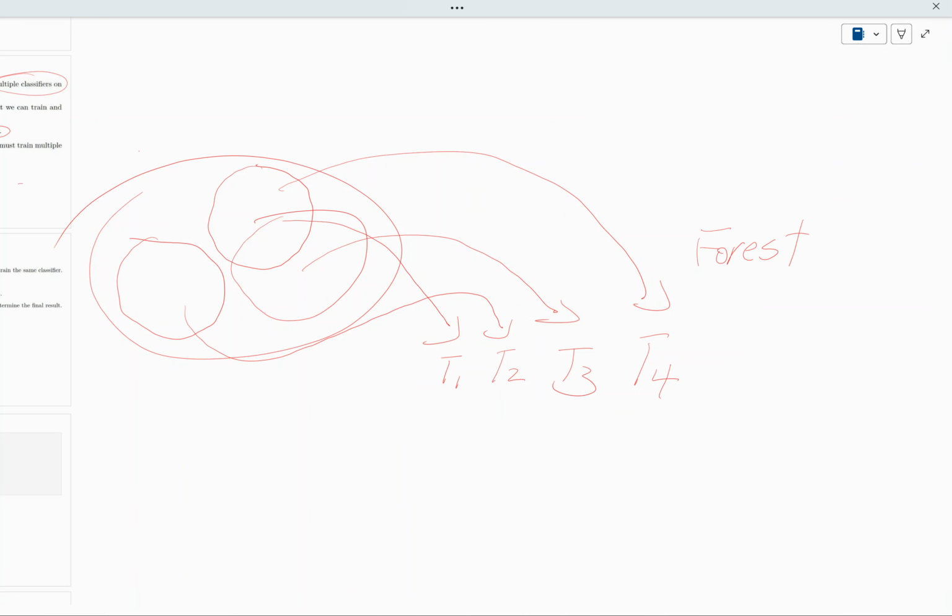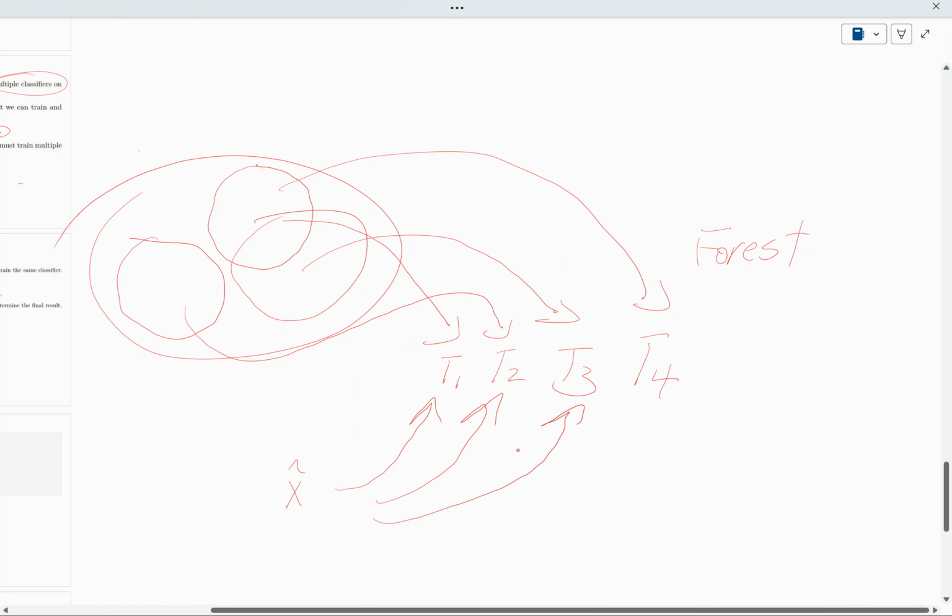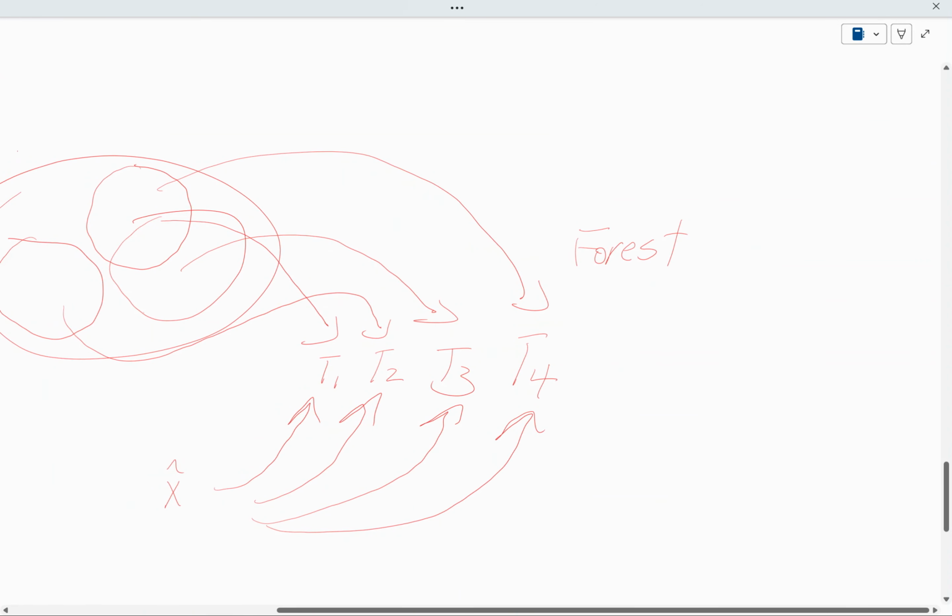So whenever you are trying to come to some kind of classification result, you simply put the data into each one of them. Each one of them may give you a different answer. Maybe the first one will say yes, the second one will say yes, the third one will say no, and the fourth one will say yes.